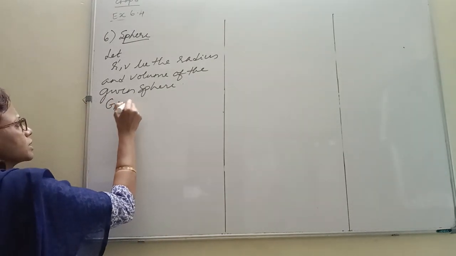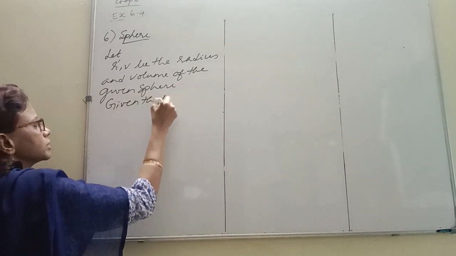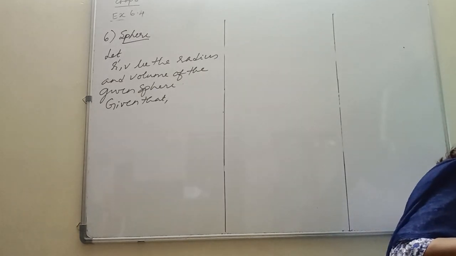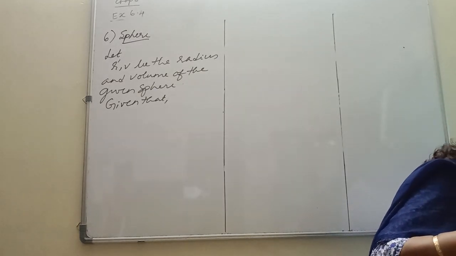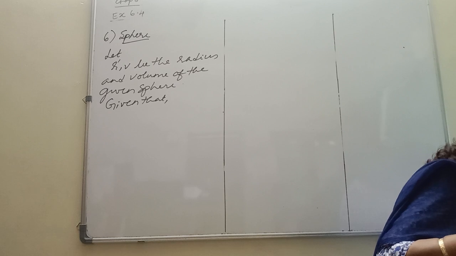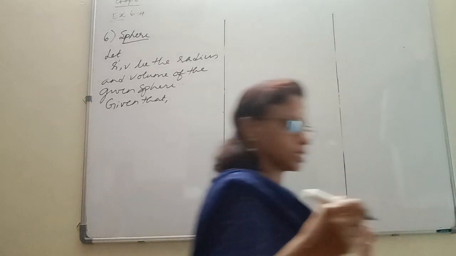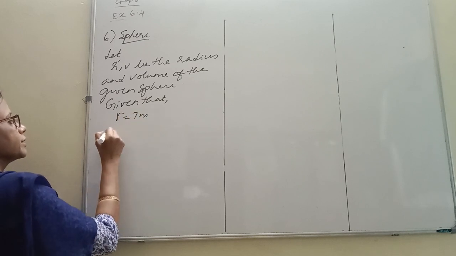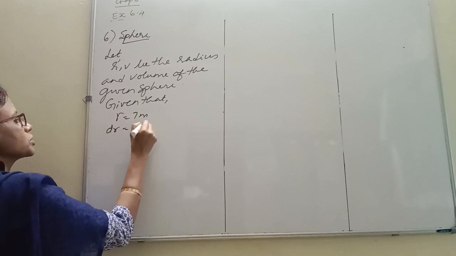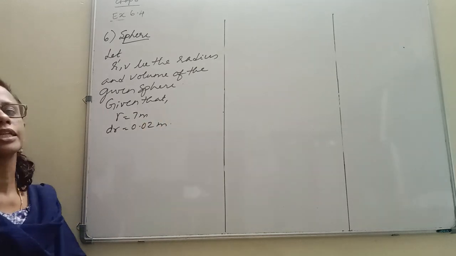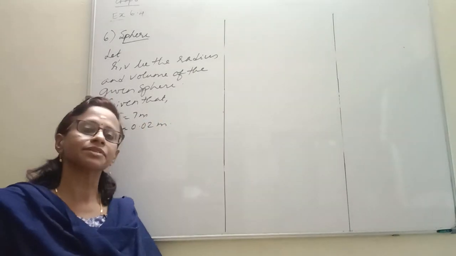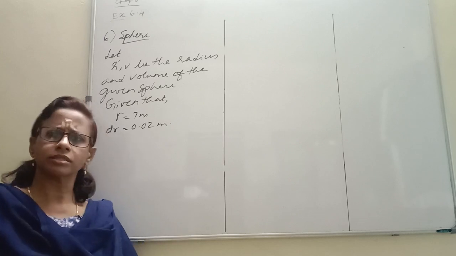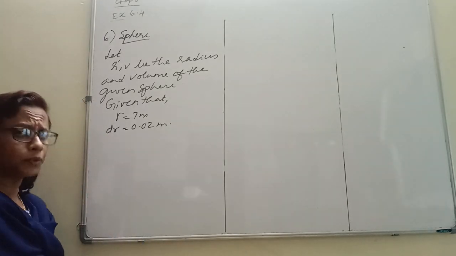Let's see what they give us. The radius is 7 meters and the error is 0.02 meters. That's all. Then they ask us, if this is the error in the radius, what is the error in the volume? So let's get the formula right away.